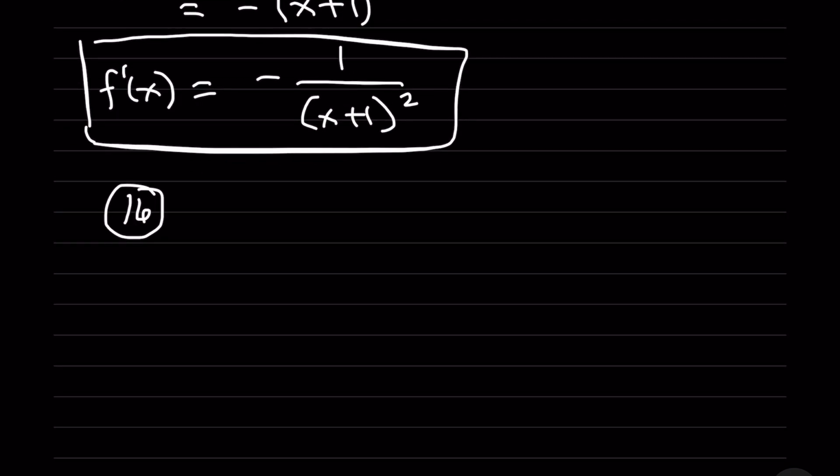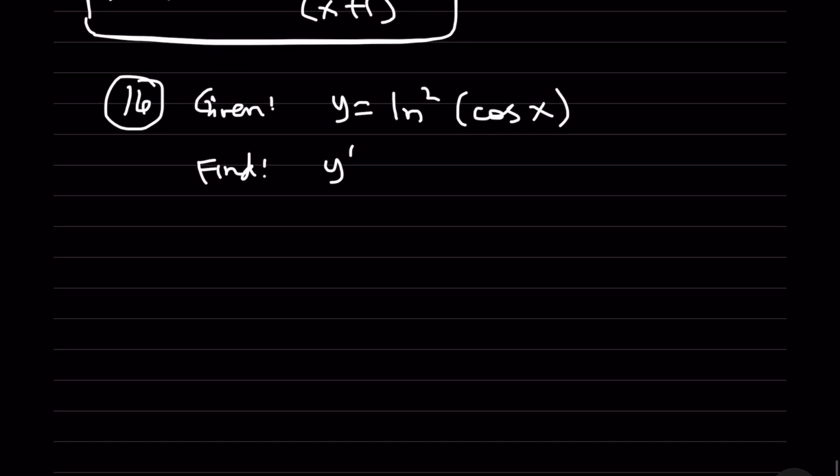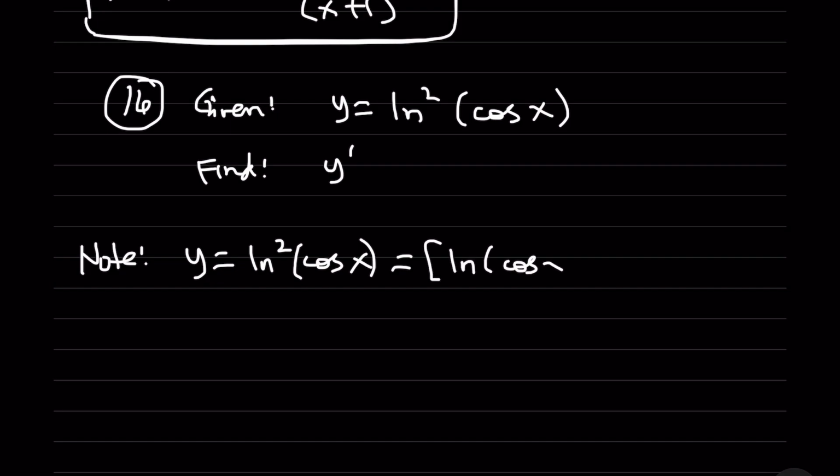Next number 16. Given y equal to ln squared times cosine x, find the derivative of y. So first we take note that y equal to ln squared cosine x can be written as ln of cosine x squared.